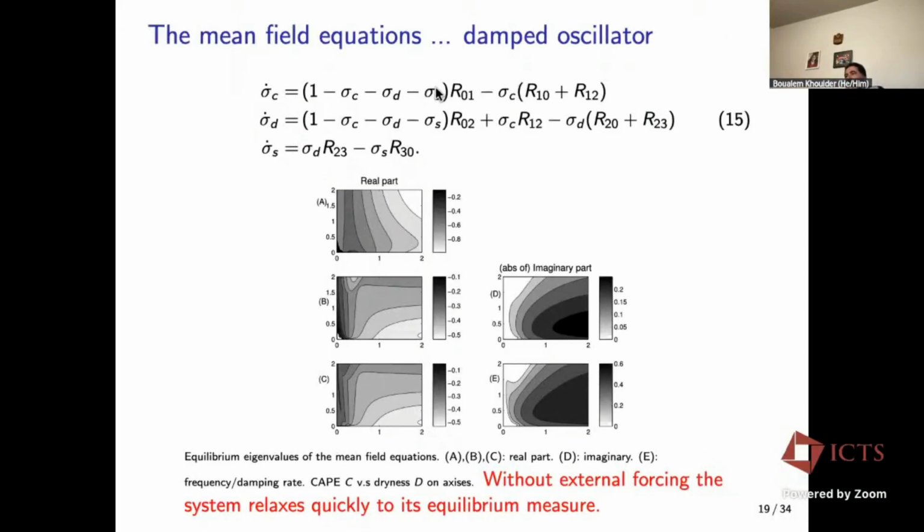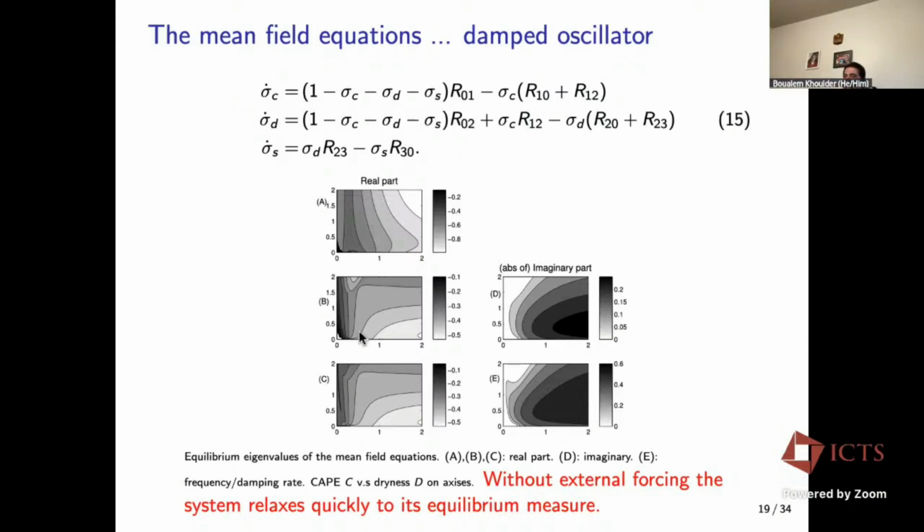These are basically ordinary differential equations for the area fractions. And here, because there's no local interactions, it gives you a linear system. It's actually a damped oscillator.